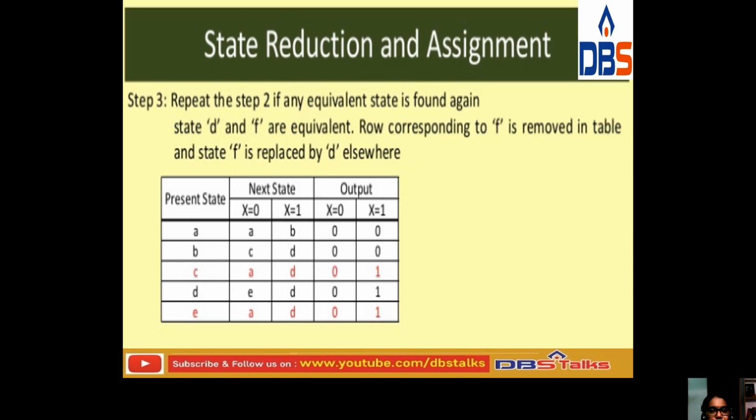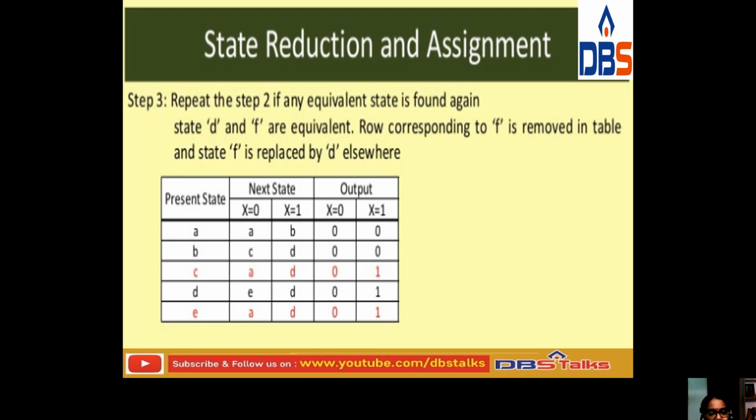So this is step 3. In this step 3, we are going to repeat step 2. Suppose we find any equivalent state again, then from that we can say that it got some equivalent state, and we can draw the next step.